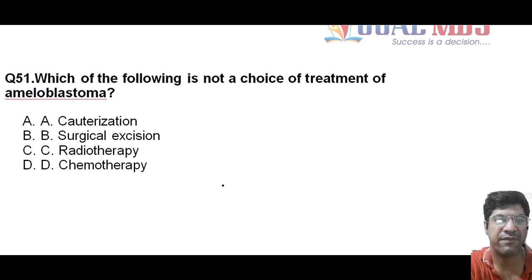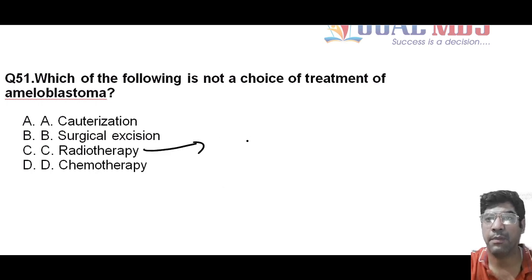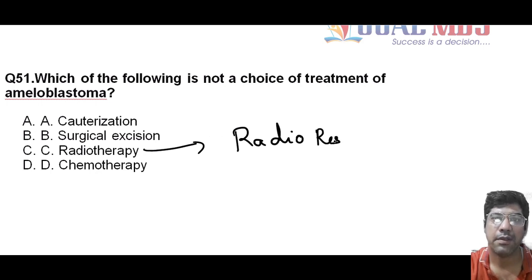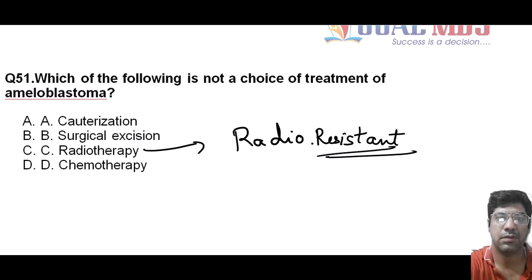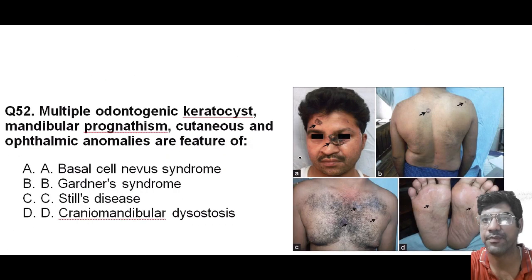Radiotherapy is generally not the first line treatment for ameloblastoma because ameloblastoma tumors are radio resistant. So the answer is, mark answer C as your choice.